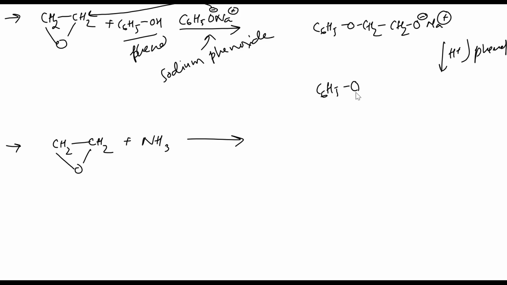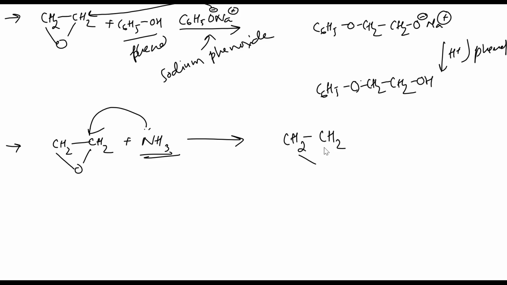And if this reacts with a base like ammonia, in the first step the lone pair from ammonia will attack this carbon, and there will be formation of CH2 single bond CH2 with NH3 plus and O minus.